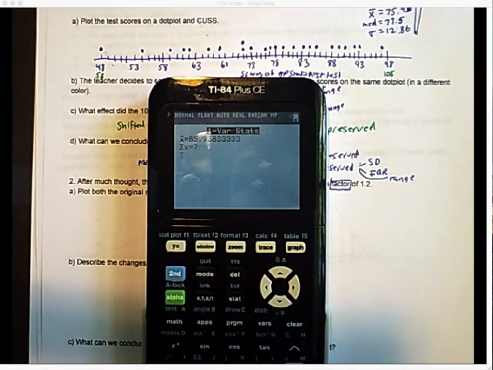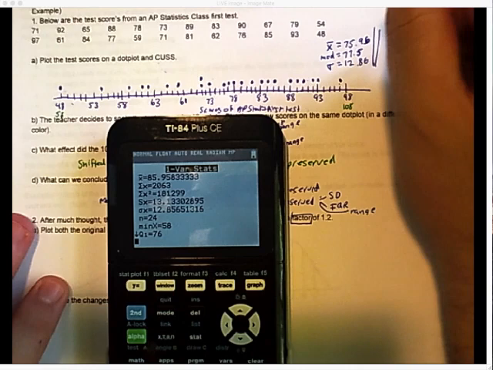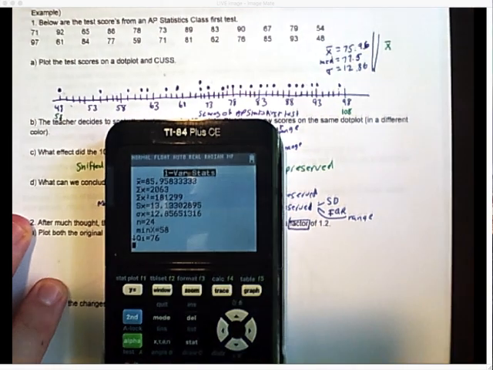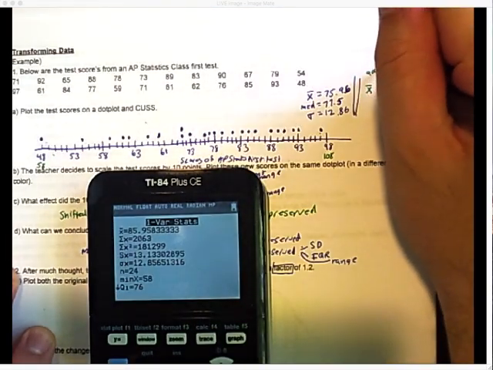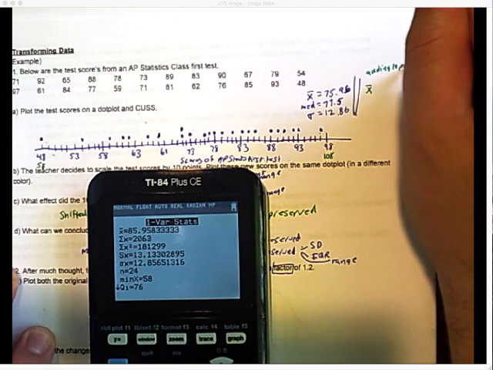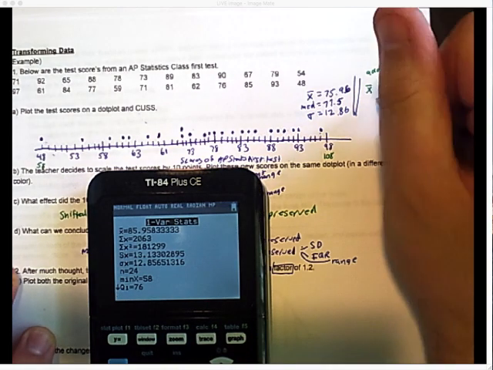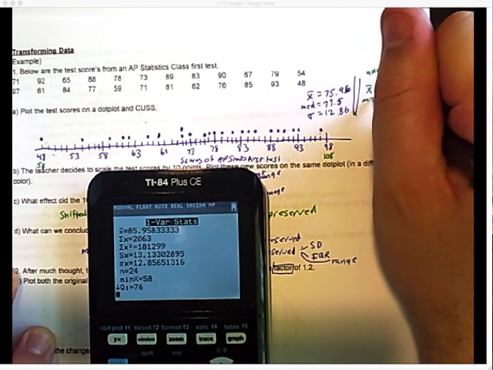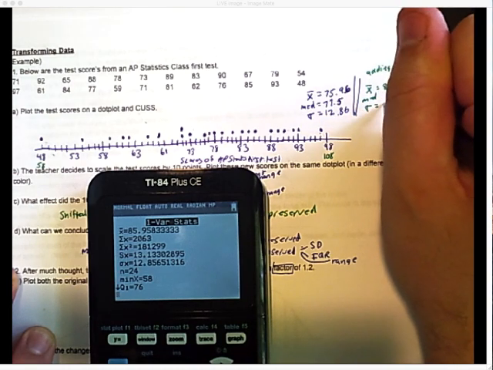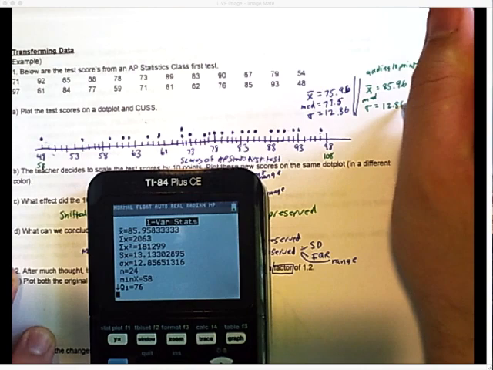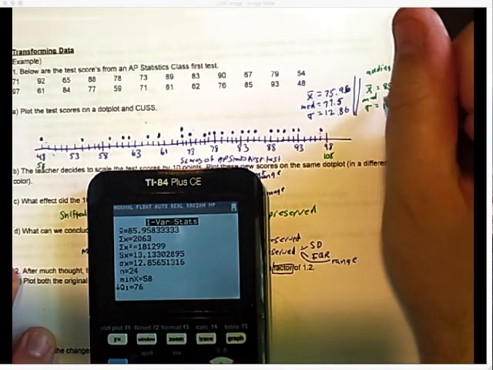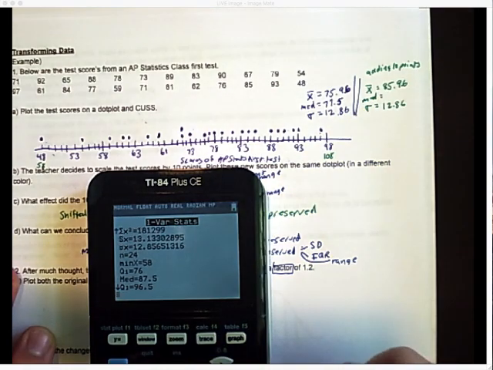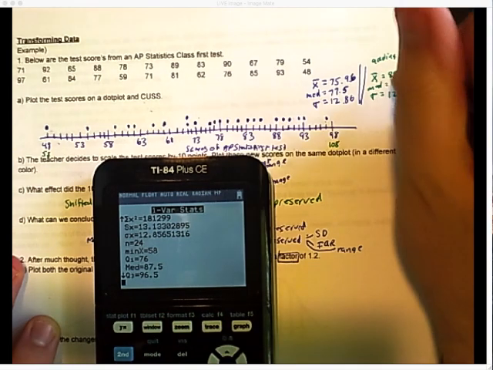Look over here. The x-bar when I added 10 points is 85.96. The sigma is 12.86. The median, if I scroll down, is 87.5.